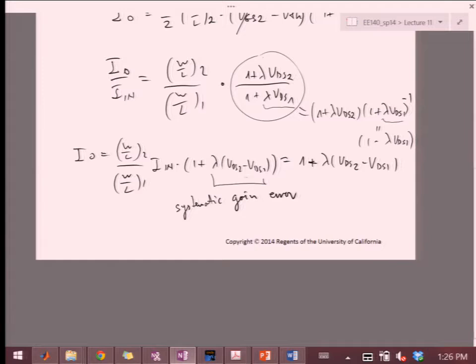And you see that it's generically a difference of the drain voltages of the device which receives the reference current and the device that's supposed to reproduce that current out. In a bunch of different topologies, we'll be trying to somehow hide the device that reproduces the current and then equalize the drain source voltages so that we can minimize this error. A number of topologies will be achieving this, but then having some other issues along the way.